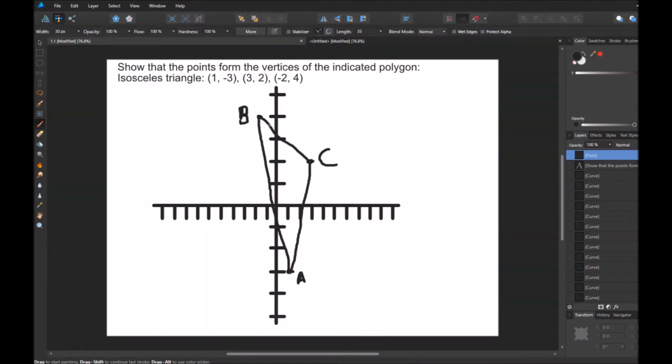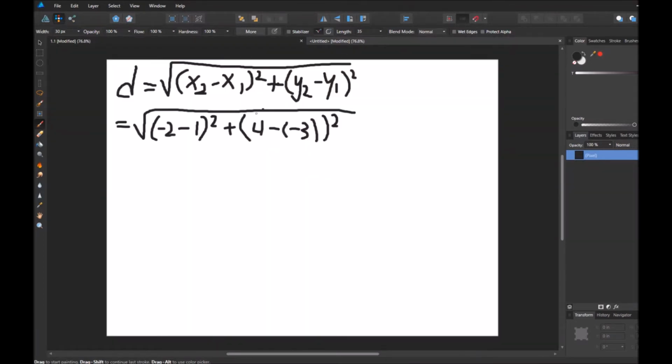Let me just make sure it's negative 3. Yep. So negative 2 minus 1 is negative 3. So that's negative 3 squared.